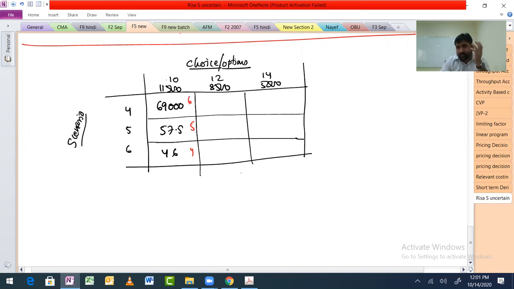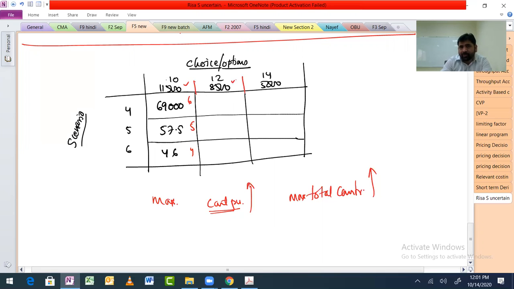It does make a big difference, because this is contribution per unit. Do you want to maximize contribution per unit or the total contribution? The total contribution. So that is why I am writing it. But the rest of the things are in units, right? Remember one thing, see, the quantity here is not the same. Do you understand that?